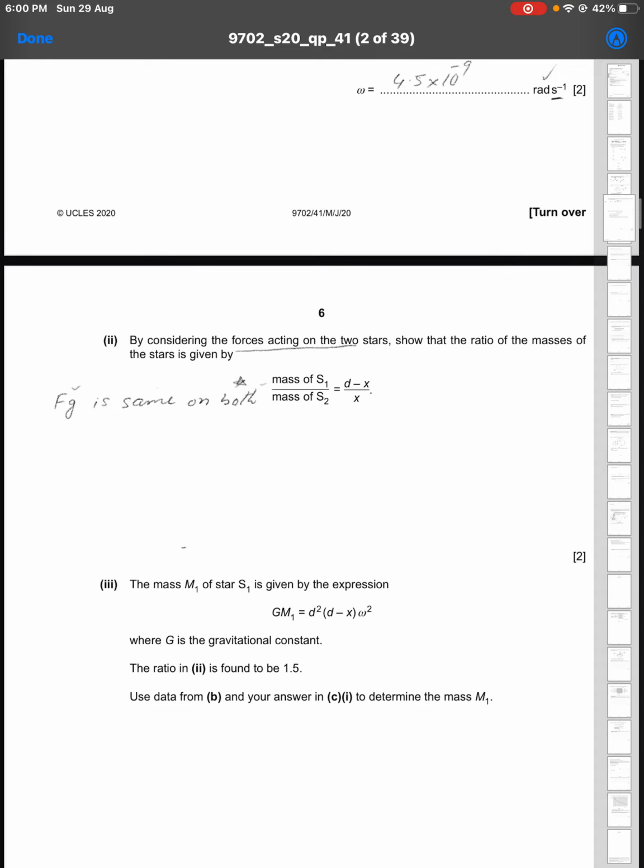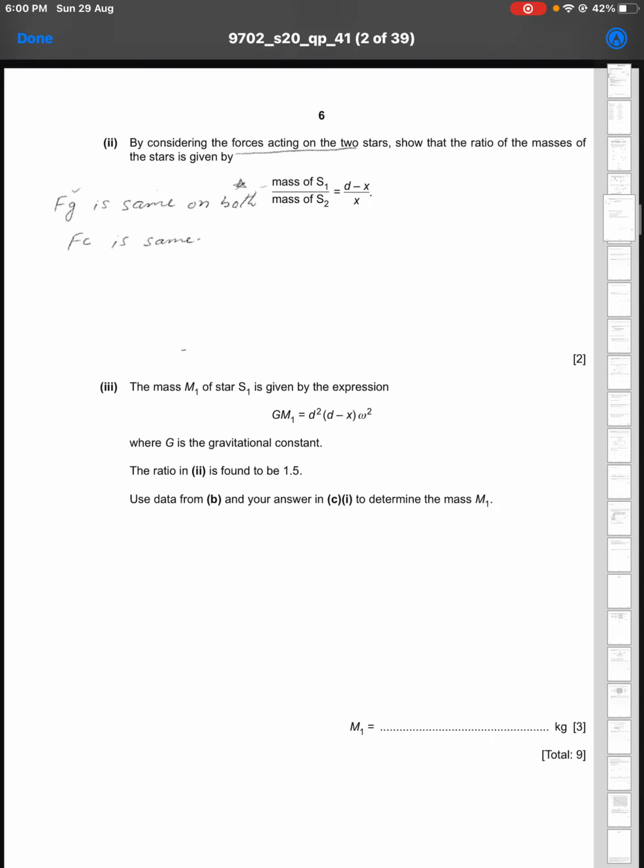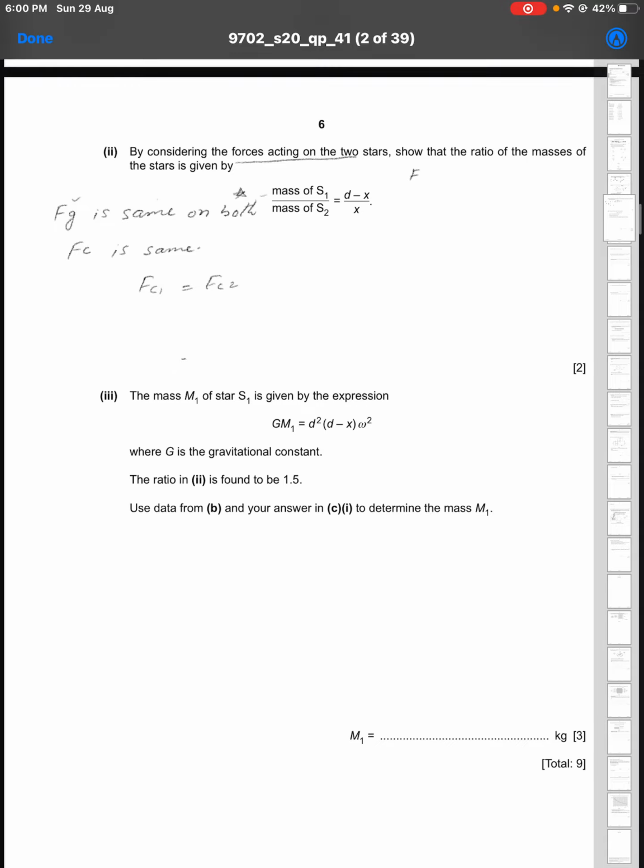As well, angular velocity is the same, so hence we can say that centripetal force is the same. So this information is very helpful for us. If centripetal force is the same, then we can write centripetal force by 1 is equal to centripetal force by 2, and we know that centripetal force Fc is equal to m r omega squared.